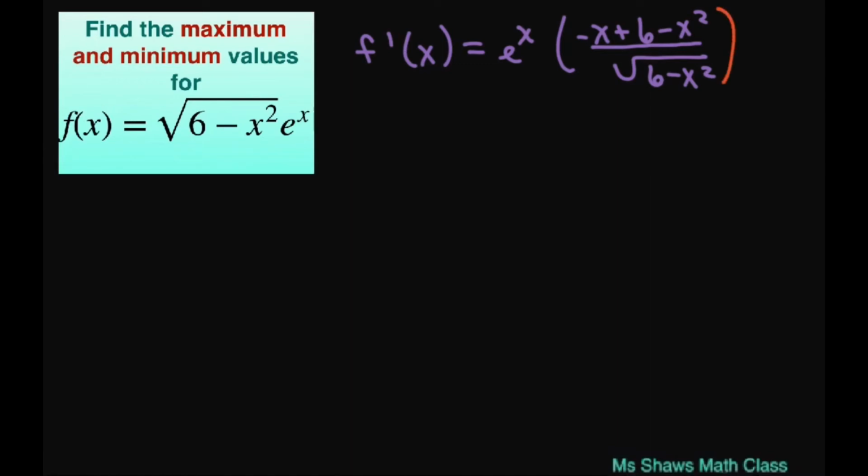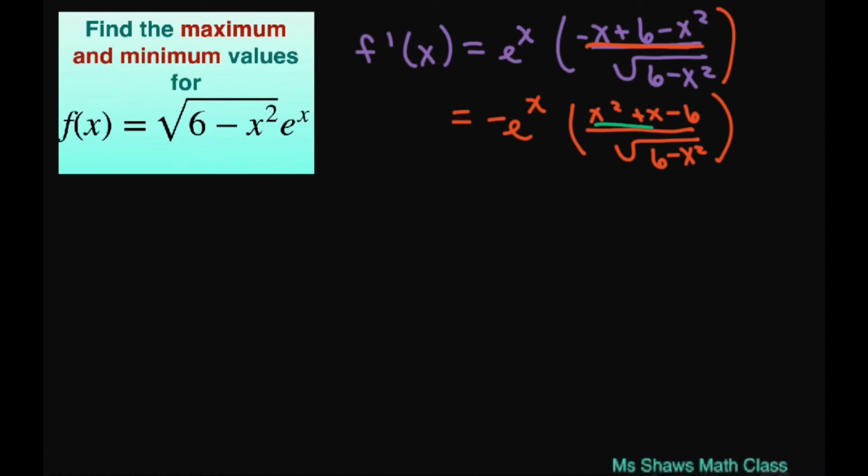Now, it looks like I can factor this. I'm going to pull out a negative and rewrite this as negative e to the power of x, and then I'll have x squared plus x minus 6 divided by square root of 6 minus x squared. Now I think we can set this to 0.